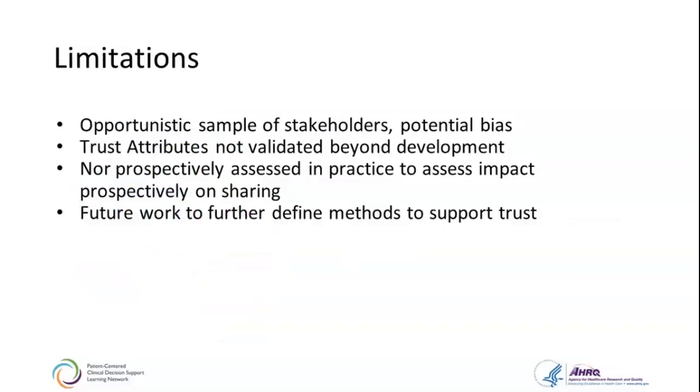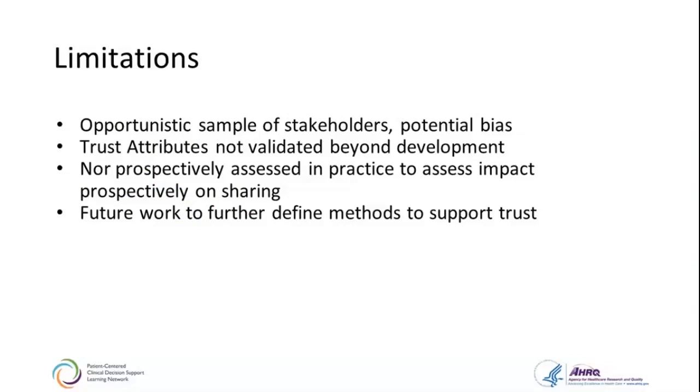So although I'm really excited to be presenting these results, there certainly are some limitations to the approach that we used. It was a volunteer group, and so we were very opportunistic in how we brought people together. So when you think about the kinds of roles that we identified, there's potential bias in terms of those roles that we highlighted, and maybe we missed others that you all think would be key to include in such an ecosystem.